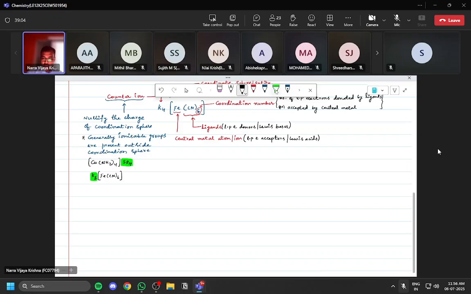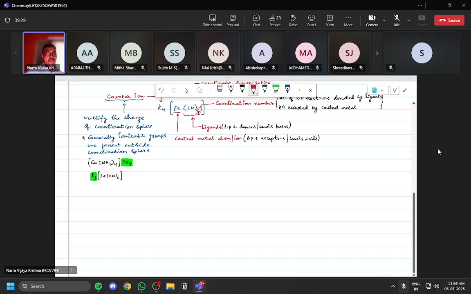Next, complex polyhedron. Now, open your target booklet. The same thing we are discussing is there, where they have given the list of what is counter ion, what is coordination sphere, what is ligand.